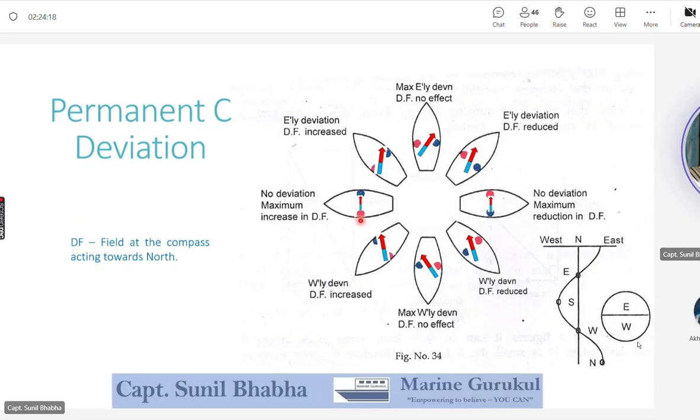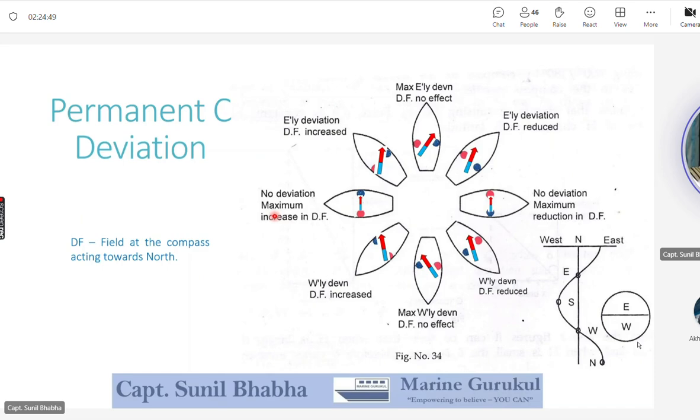In this condition also, with the ship heading in the westerly direction, no deviation is generated because the ship's poles are exactly in line with the magnetic field of the Earth, or exactly in line with the compass needle. When the poles are in line with the magnetic field of the Earth or the compass needle, they are not able to generate any deviation at all. So on the westerly heading, no deviation is generated.